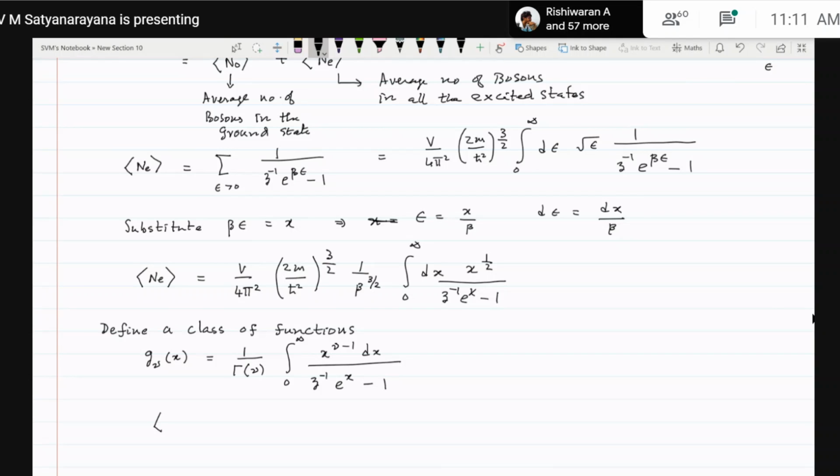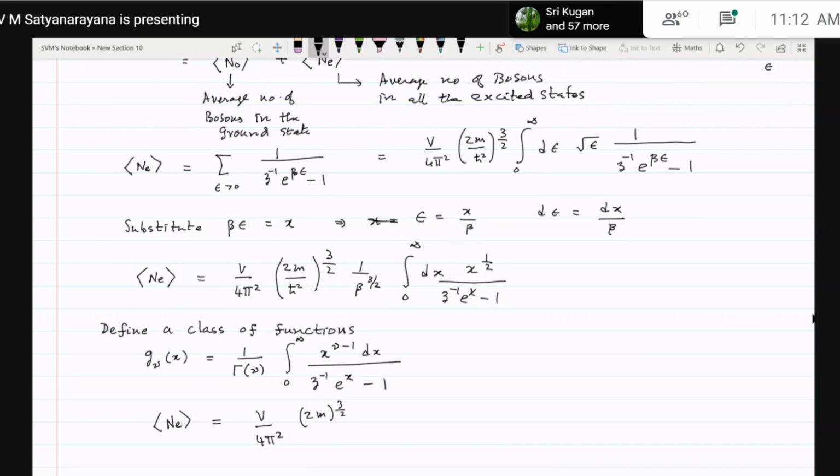Let us write the average N_E, the average number of particles in all the excited states, as V divided by 4 pi square, times twice m to the power 3 by 2.